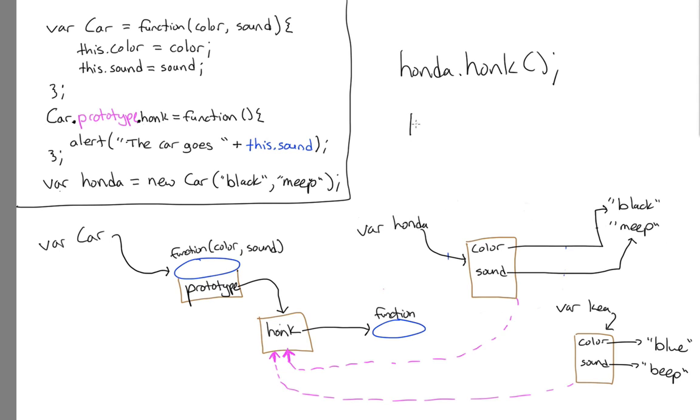So when we do Kia.honk, JavaScript will look for a property called honk in here, which it will not find. But then it'll follow the secret link and look for the property inside here.